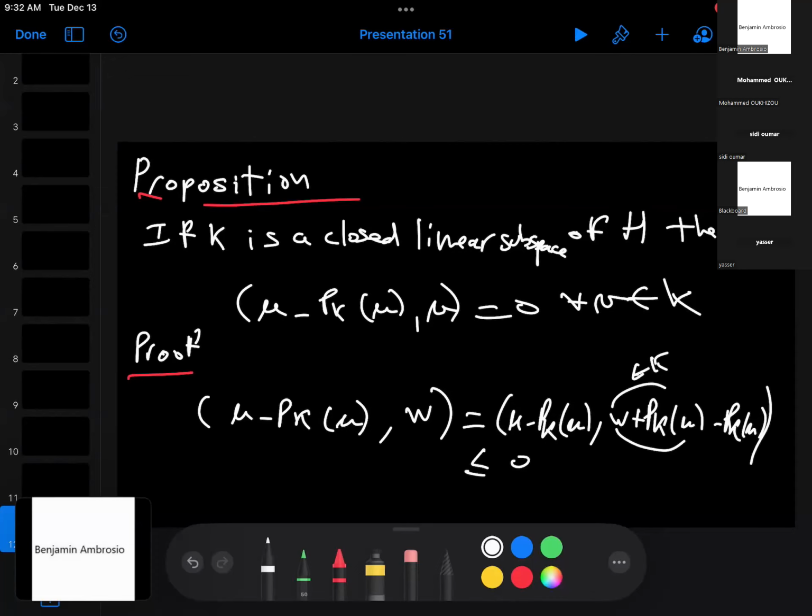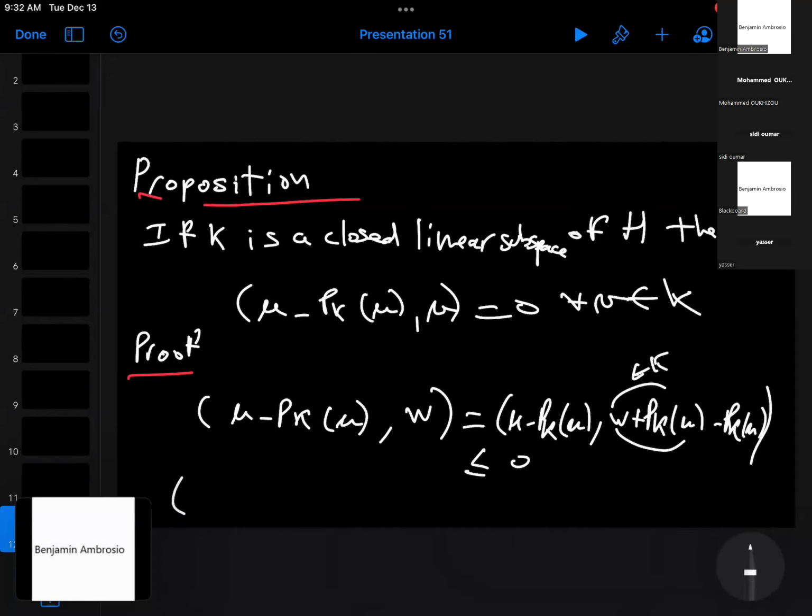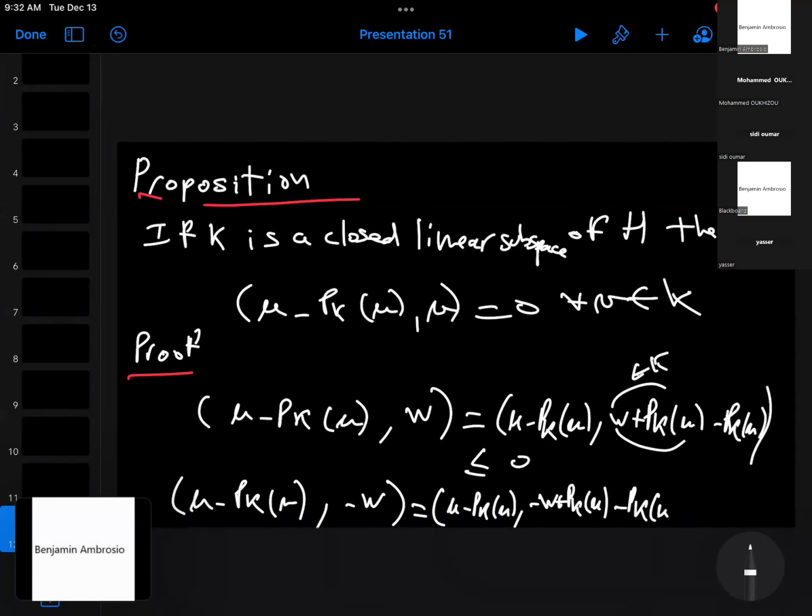So this is non-positive. And also I can do the same for, instead of W, I take the same, but I look at minus W. So minus W plus P_K of U minus P_K of U. And again, this belongs to K because it's a linear subspace. So at the end of the day, this is also non-positive.